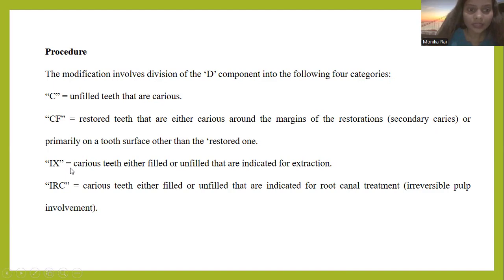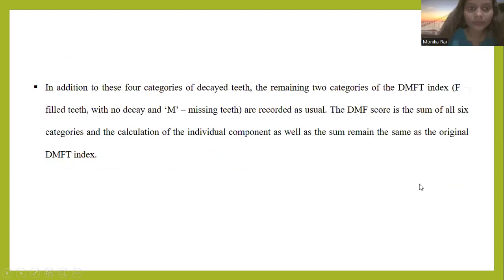Next one is IX, which means carious teeth either filled or unfilled that are indicated for extraction. Next, IRC, carious teeth either filled or unfilled that are indicated for root canal treatment involving irreversible pulp involvement. In addition to these four categories of decayed tooth, the remaining two categories of DMFT index, F filled teeth with no decay and M missing teeth, are recorded as usual. The DMF score is the sum of all six categories, and the calculation of individual component as well as the sum remain the same as the original DMFT index.